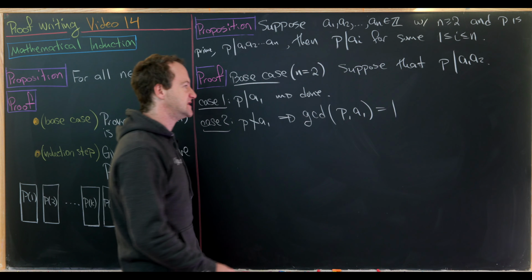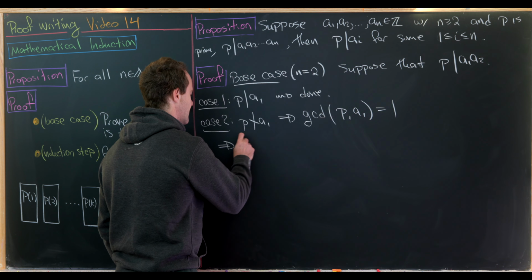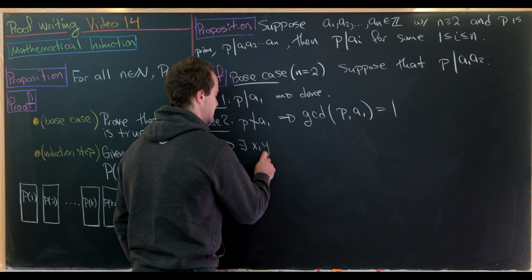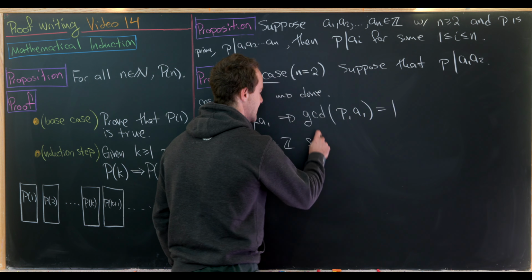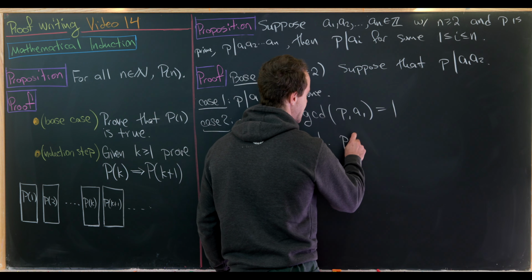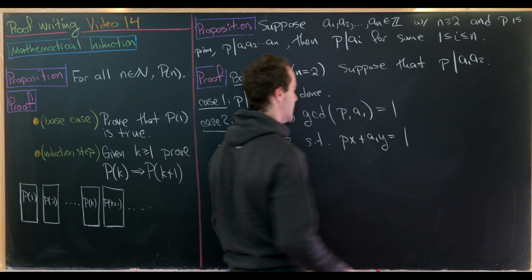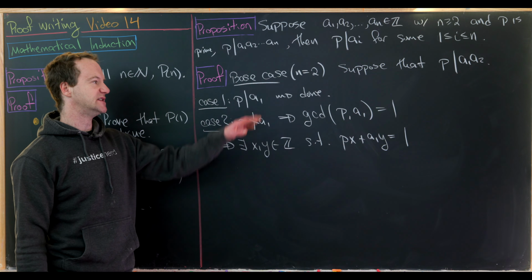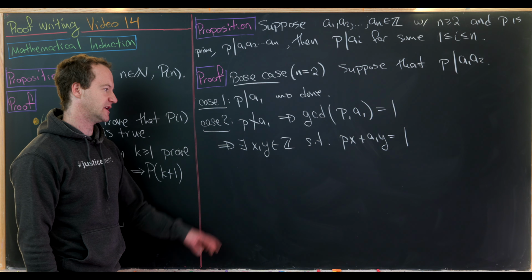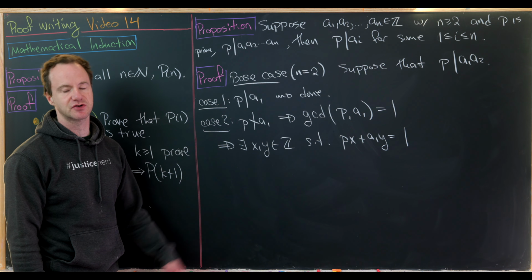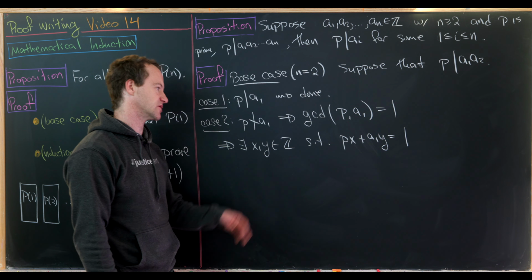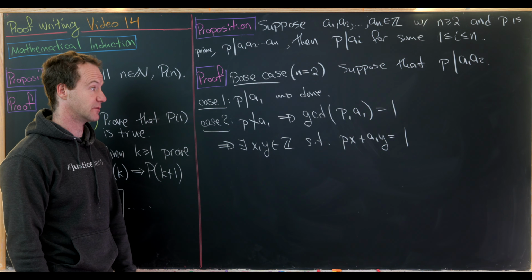Okay, but if the GCD is equal to 1, then that tells us there exist integers x and y such that p times x plus a1 times y equals 1. So recall the GCD of two natural numbers can always be written as a linear combination of those natural numbers. I guess I should say an integer linear combination of those natural numbers.